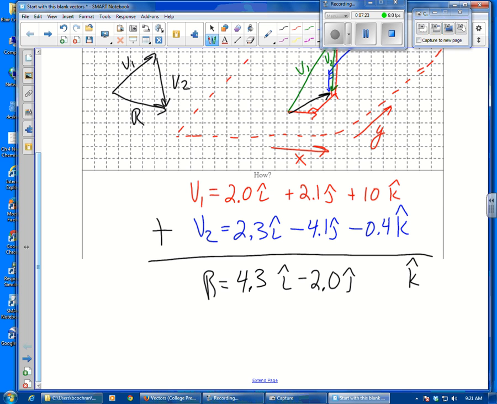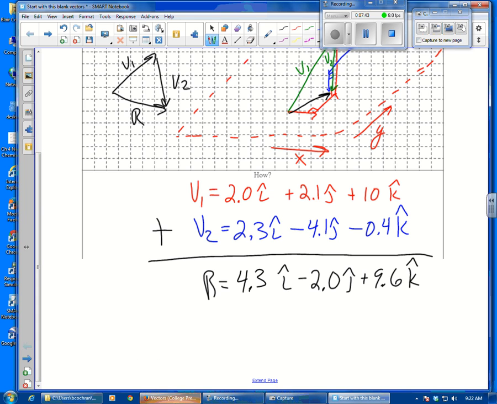And 10 plus a negative 0.4 is 9.6. I just add down my columns. So there's my resulting vector, the components of my resulting vector.